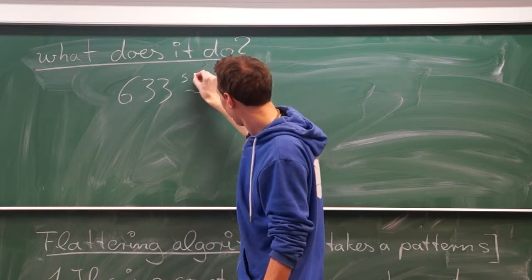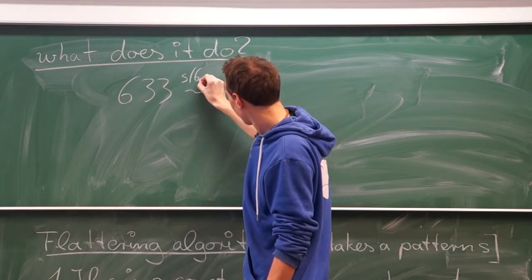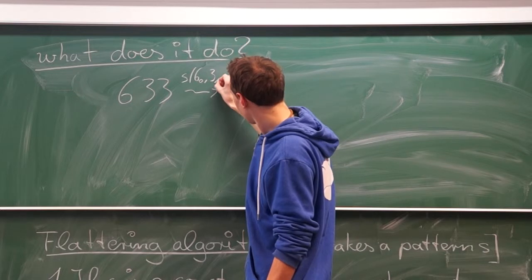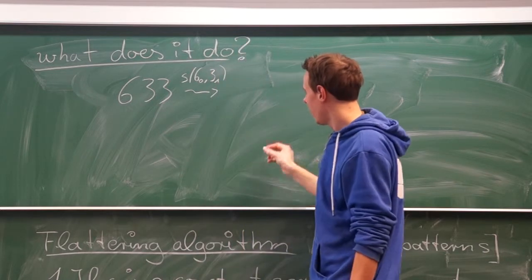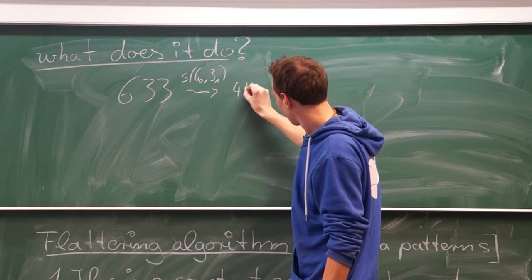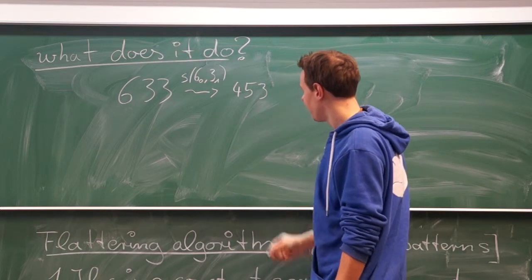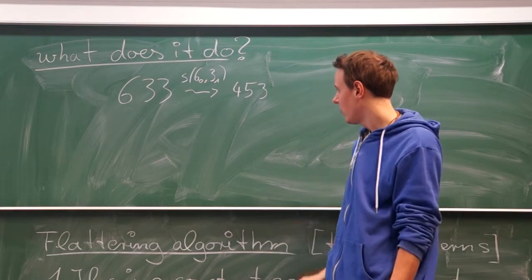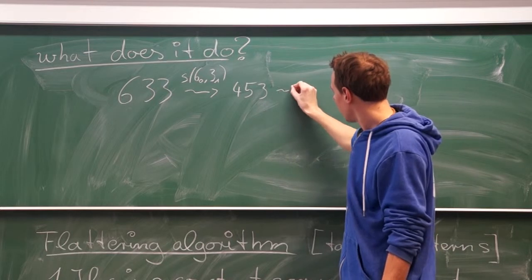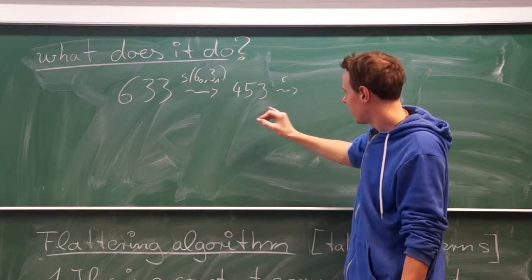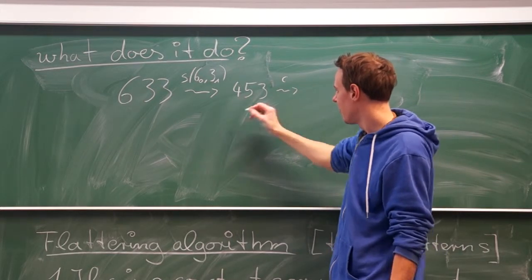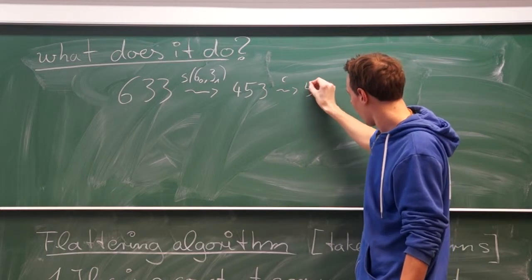So I swap those two, and I end up with this one. And now we shift it in order to have the maximum at the beginning. So I shift it.